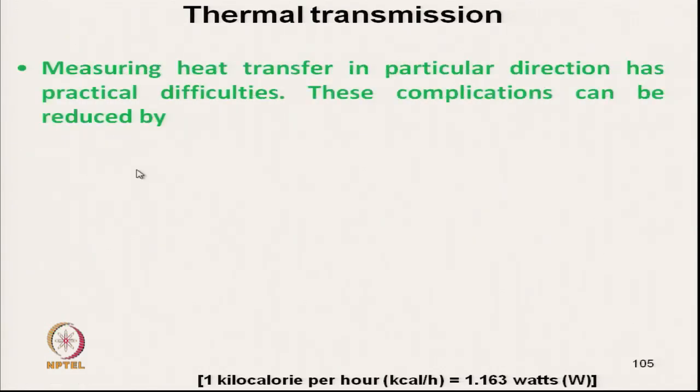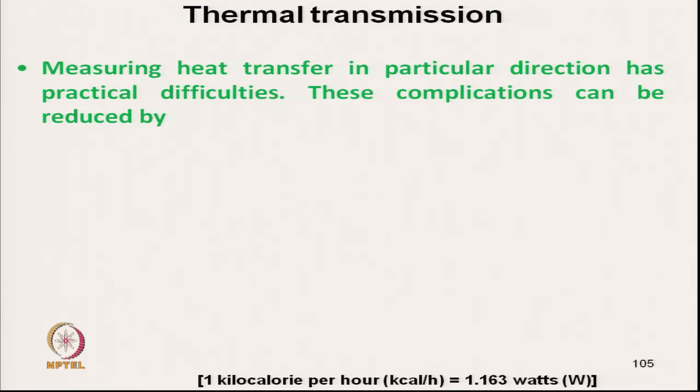So, the measurement of heat transmission in a particular direction has practical difficulty. It is not like a fluid like air or water.